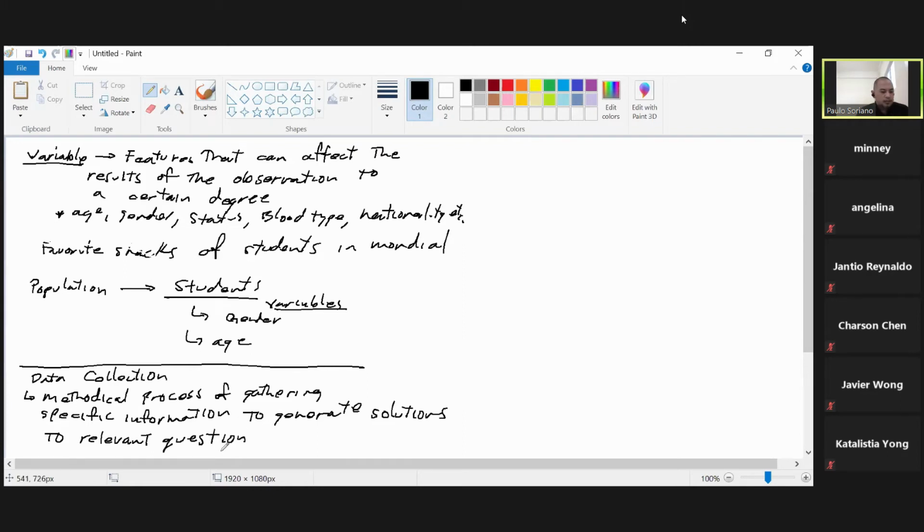Okay, that is data gathering or data collection.